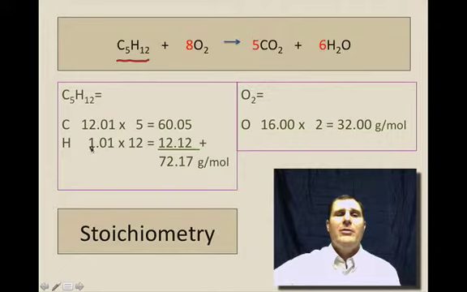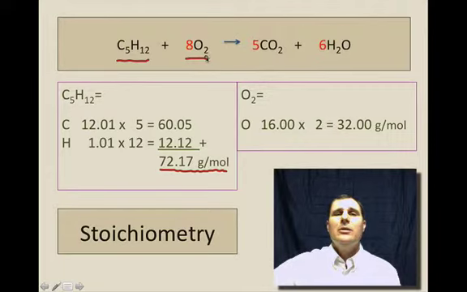Every single atom of hydrogen weighs 1.01, and I've got 12 of those, so that equals 12.12. Now all I have to do is add those together, and it turns out that the molar mass of pentane is 72.17 grams per mole. In other words, every single mole of pentane weighs 72.17 grams. Good. There's my molar mass of pentane.